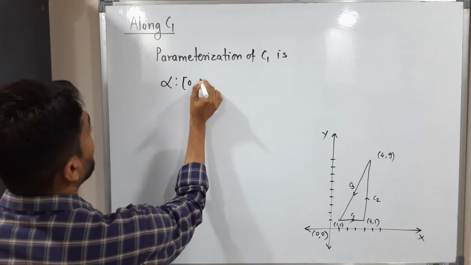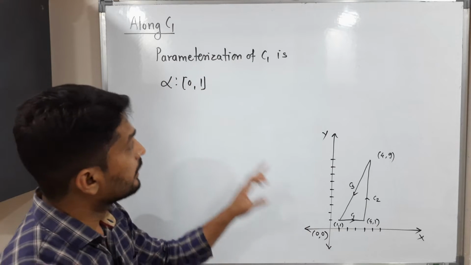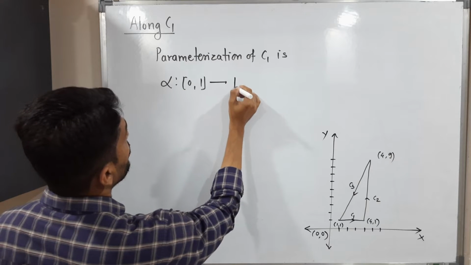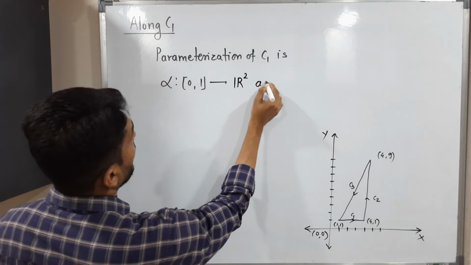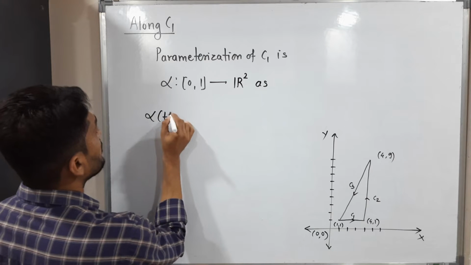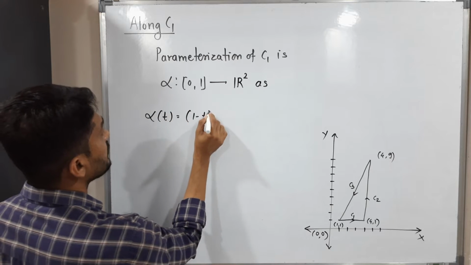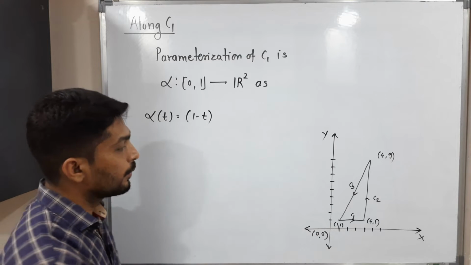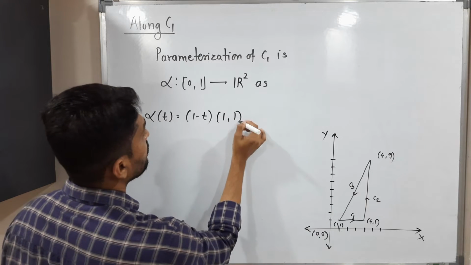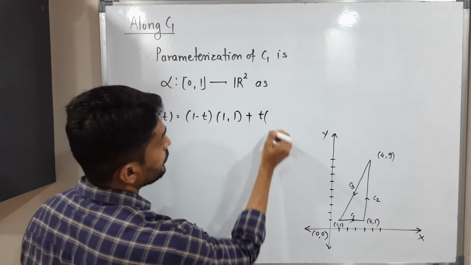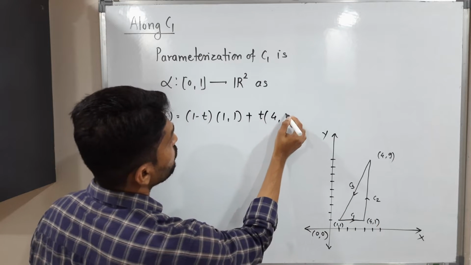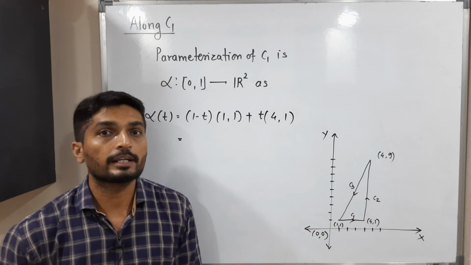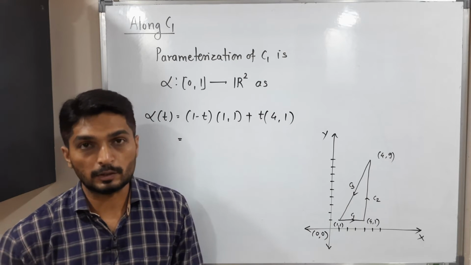We define alpha from the closed interval [0, 1] to R2 as alpha of t equals (1 minus t) times the starting point (1, 1) plus t times the end point (4, 1). Easily, for any line, we can find its parameterization using this method.